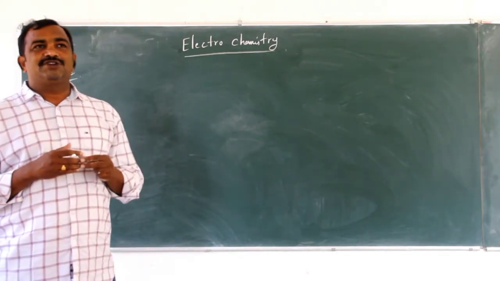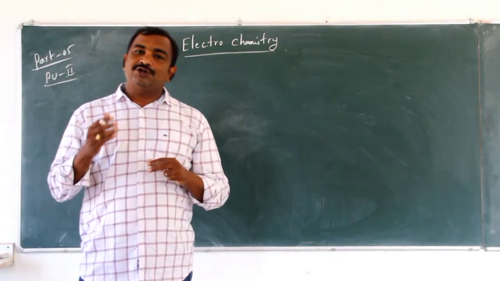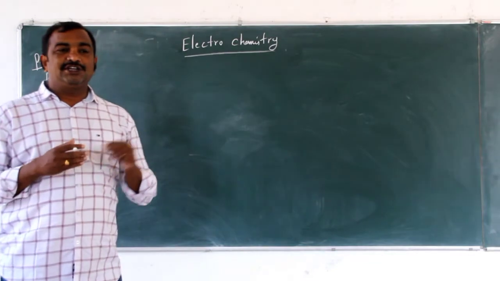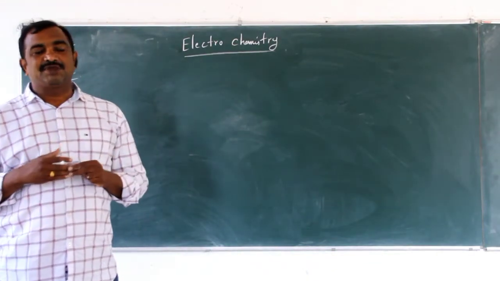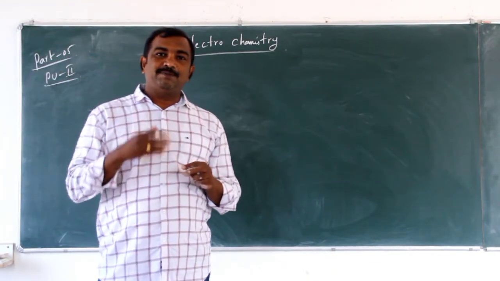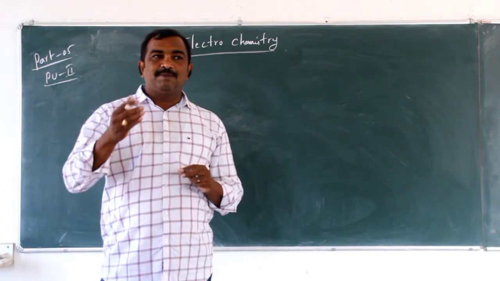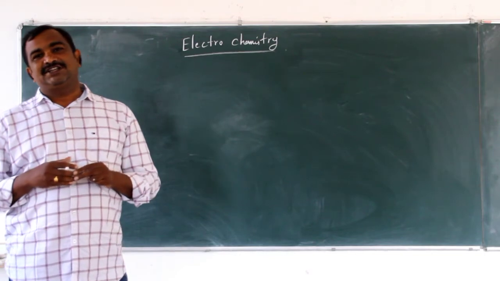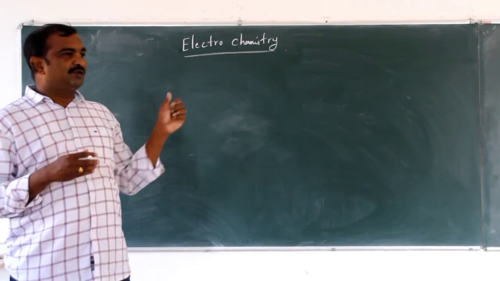How can you write the equilibrium constant Kc for the Nernst equation, how can you calculate the pH, and how can you calculate the Gibbs energy? Based on that we are doing right now.